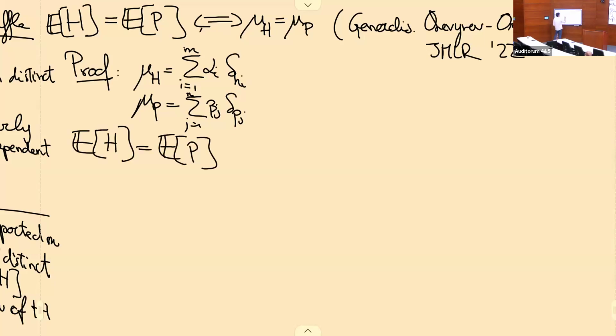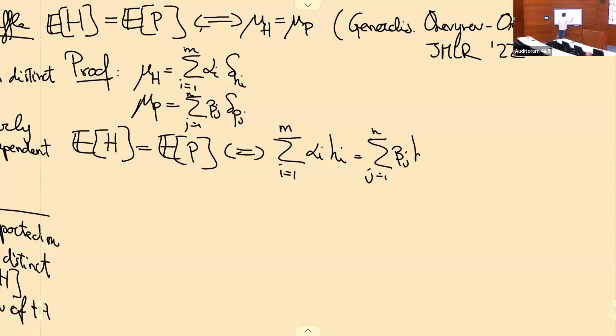what happens is that you have equality of these two linear combinations: alpha_i h_i and beta_j p_j.